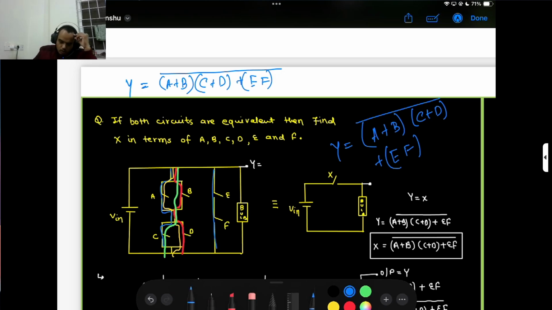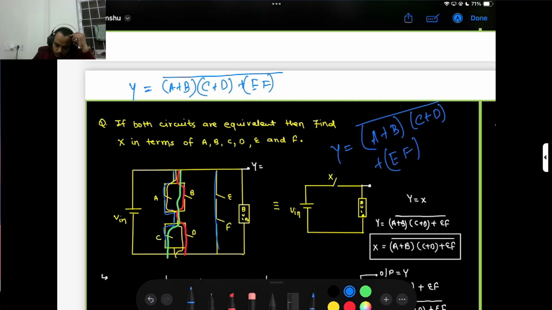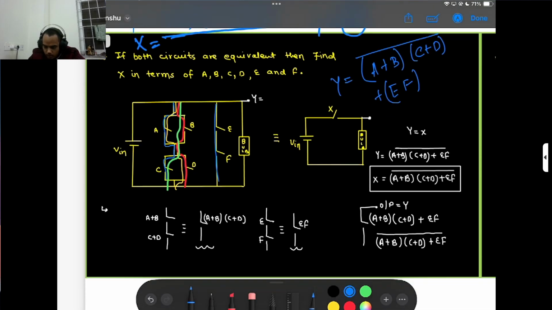So basically this is the y, and now my y is just like x. Y is x. So what is x? X is equal to this. So let's see. Yes, you can see here that this is my x.